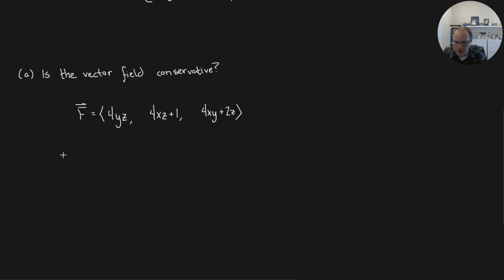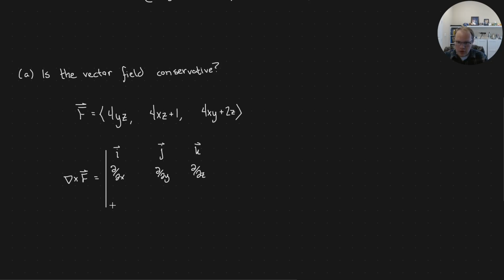Okay. So I need to take the curl of this. So the curl of f is going to be the determinant of the matrix. First row is i, j, k. Second row is your partial derivative operators.